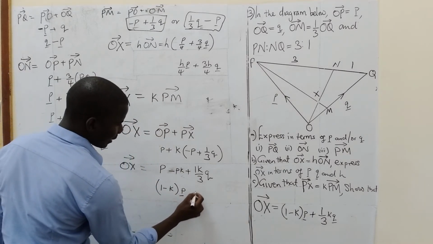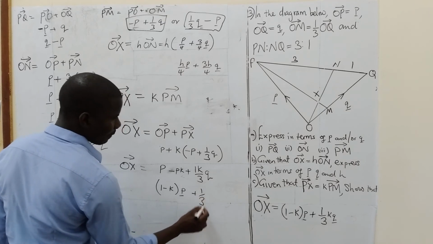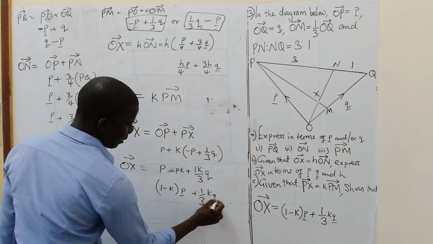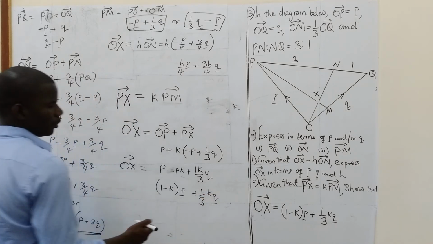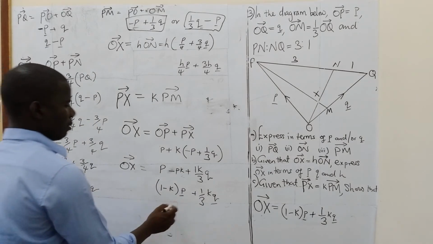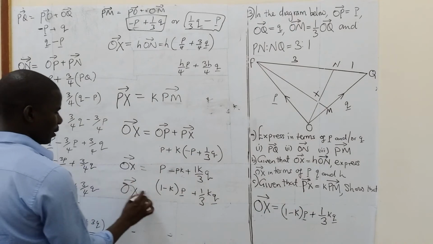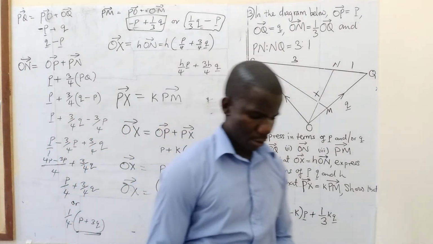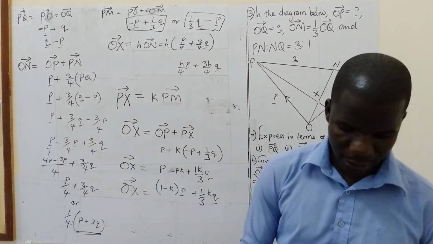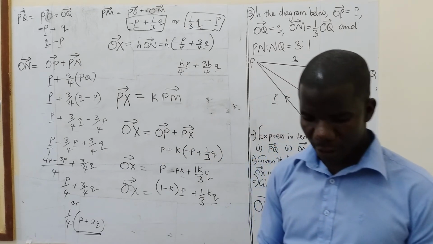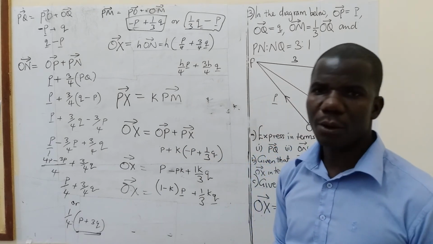Then plus 1 over 3 K Q. And we have just proved that OX is going to give us that one. It has been a long lesson, but worthwhile.